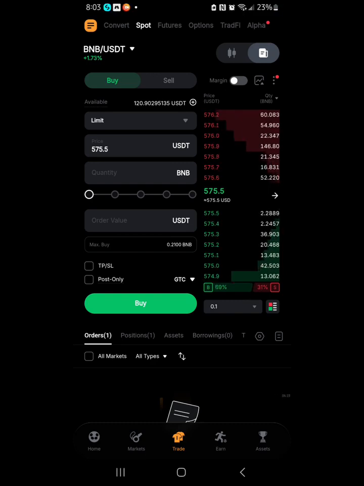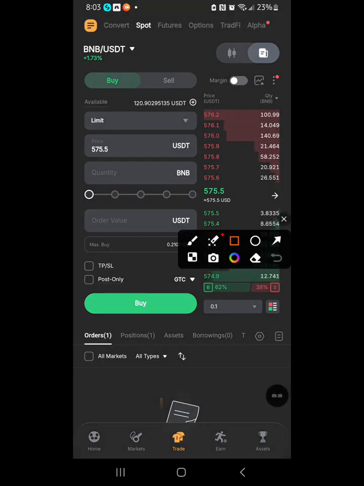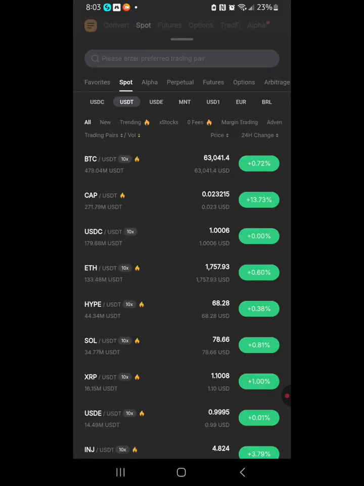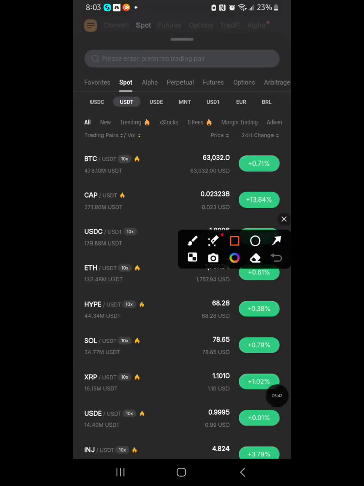So how this will work is very straightforward. All we're going to be doing is to first of all click on this section called BNB USDT. Any cryptocurrency might be on there, in my case, BNB USDT. So click on there and make sure that you are on spot, precisely under USDT.